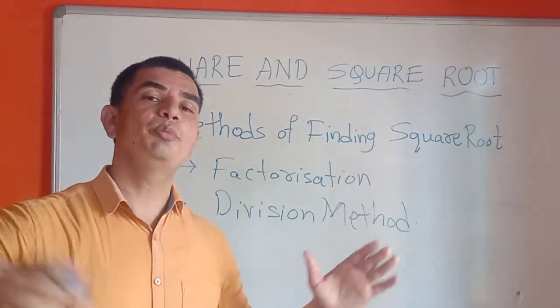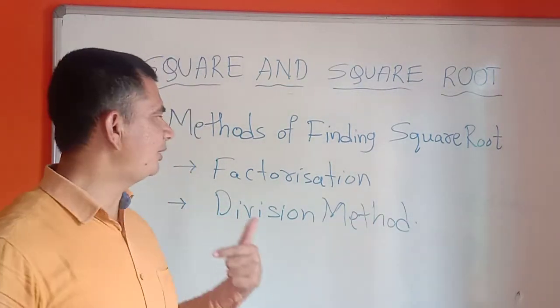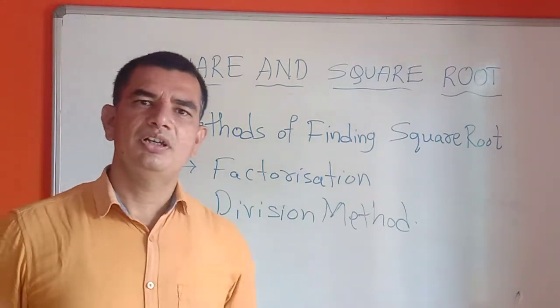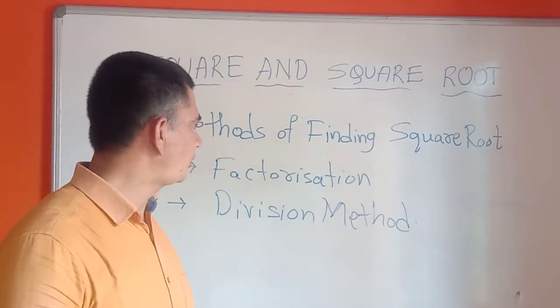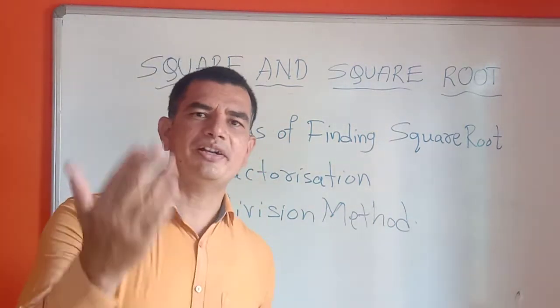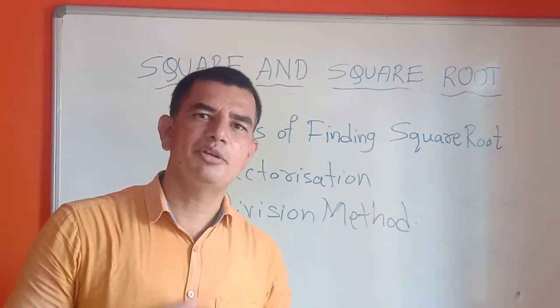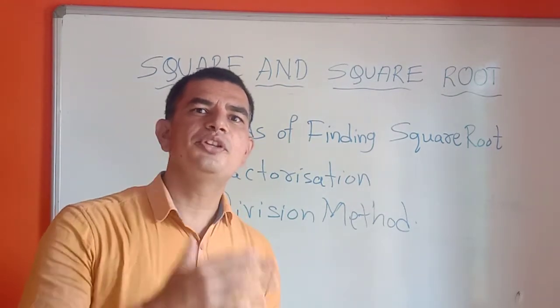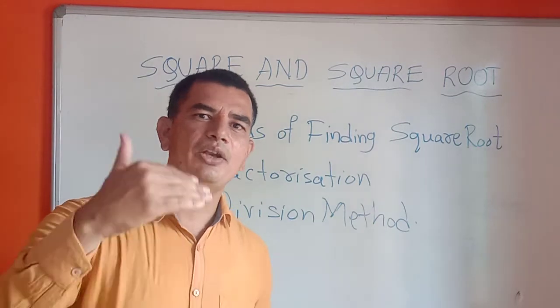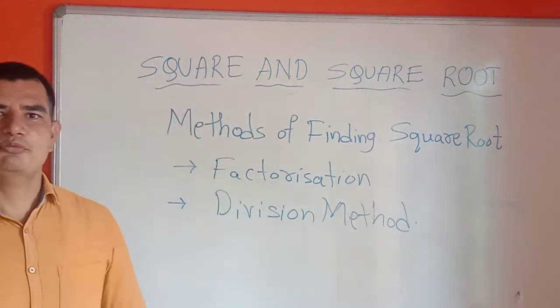When the numbers are too big, the division method will help. When the numbers are small, the factorization method will help. First I will explain the factorization method, then the division method. You can choose which method is easy for you and follow that. So let's see the factorization method.